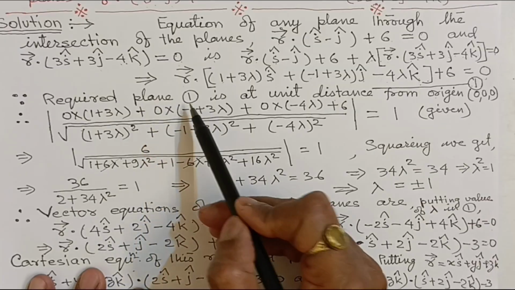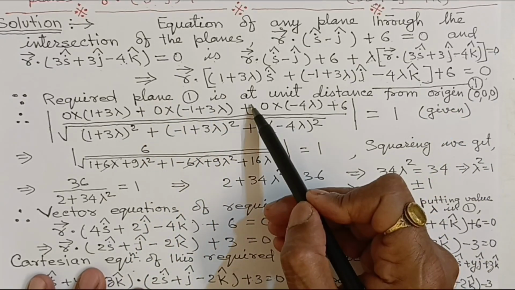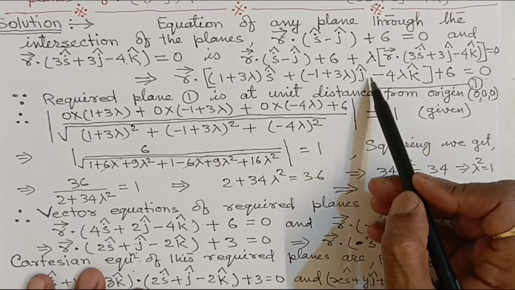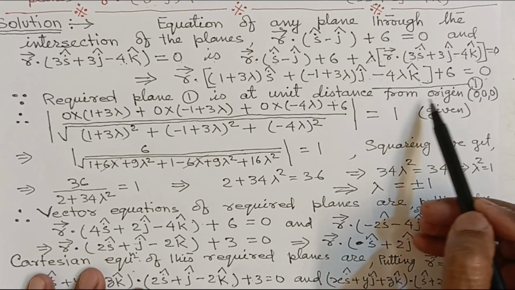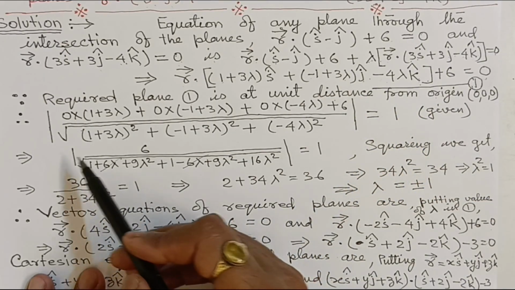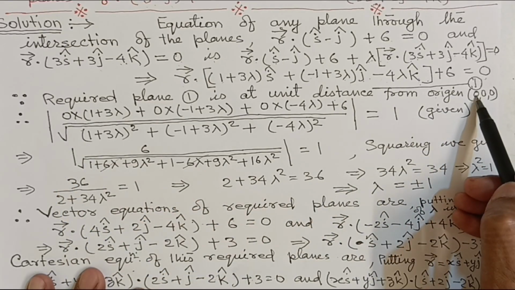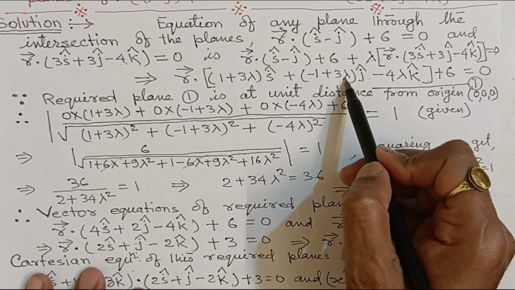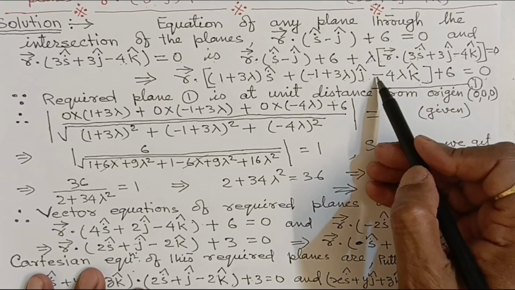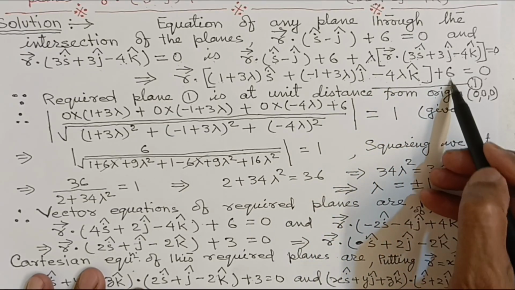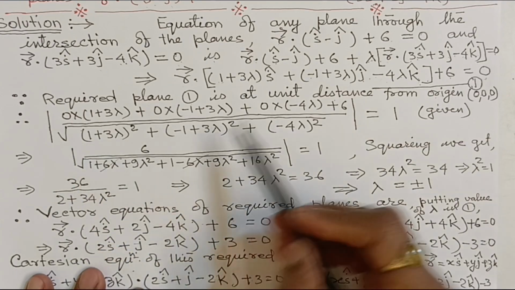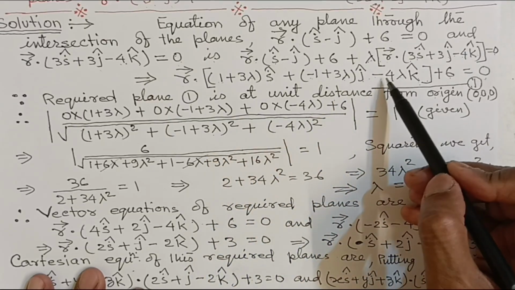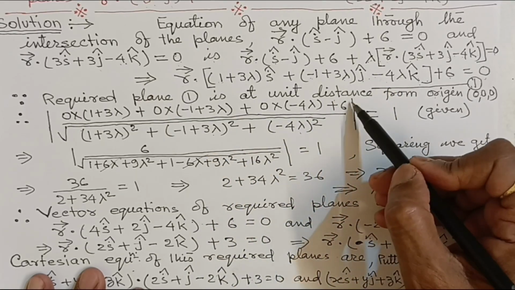Now, since the required plane is at a unit distance from the origin (0, 0, 0), using the distance formula: mod of 0 into (1 plus 3 lambda) plus 0 into (minus 1 plus 3 lambda) plus 0 into (minus 4 lambda) plus 6, upon the square root of (1 plus 3 lambda) whole square plus (minus 1 plus 3 lambda) whole square plus (minus 4 lambda) whole square.